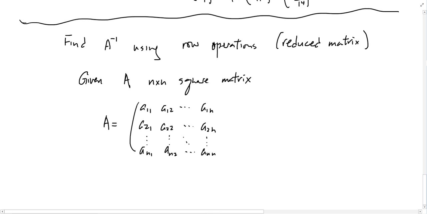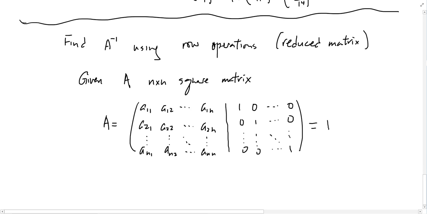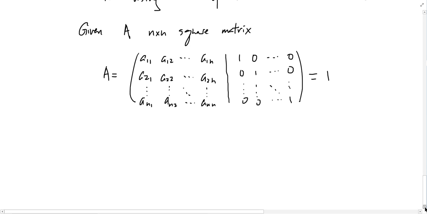Remember, it's a square matrix, so the two numbers are the same. And what you're going to do is put it next to the identity matrix of the same dimension. Remember, the identity matrix is also square. So this entire matrix becomes n by 2n because it now has double the number of columns.